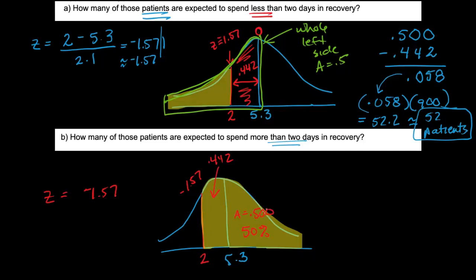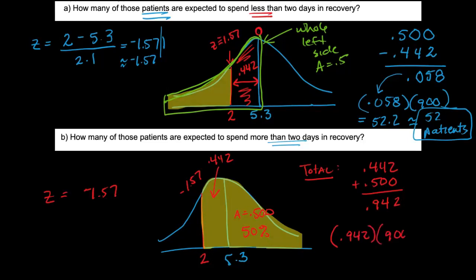So if I want to find that total area, all I have to do is add 0.442 plus 0.500. So I add those together and I get 0.942. But I don't want the area or the percentage of patients expected to spend more than 2 days. I want to know how many. So I am going to multiply 0.942 times 900 patients.